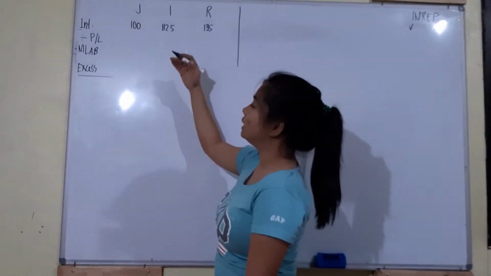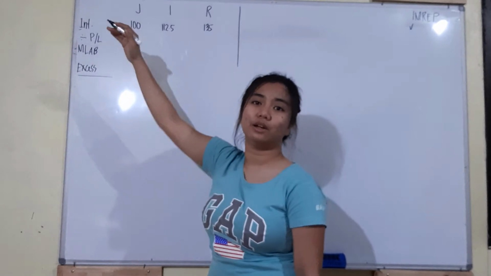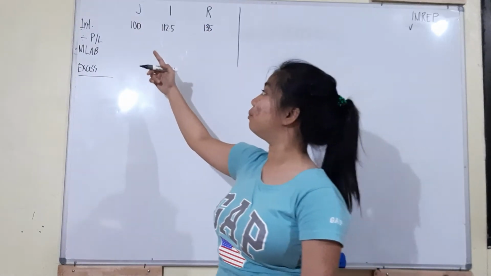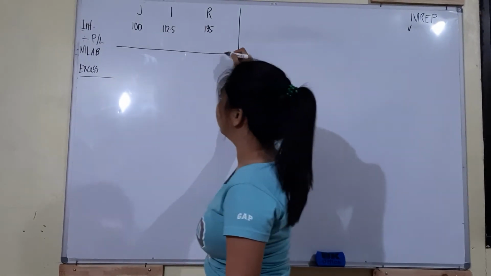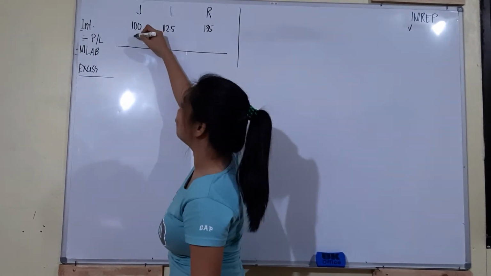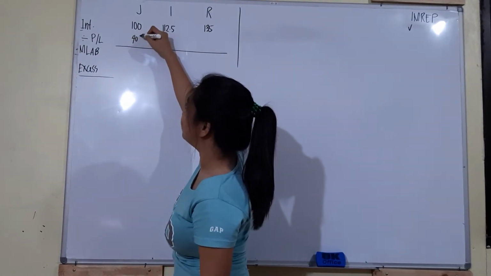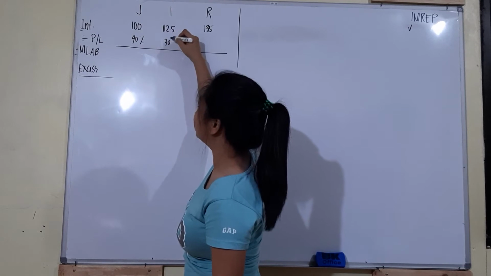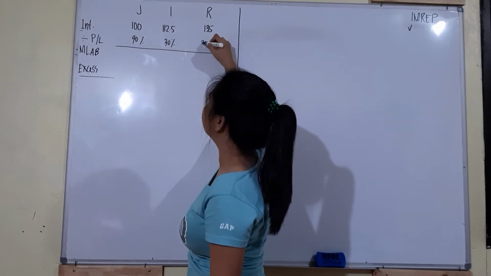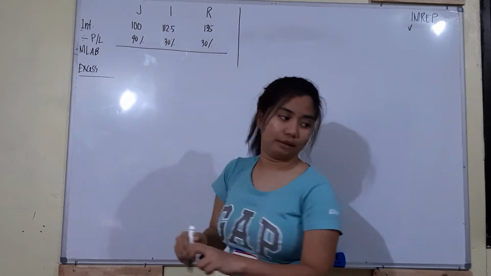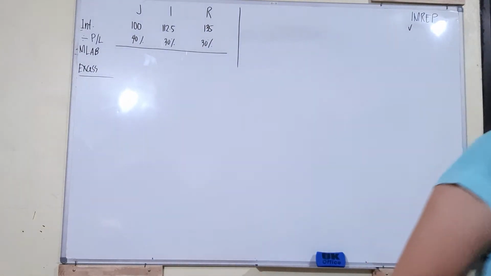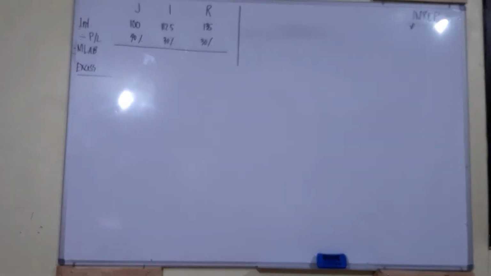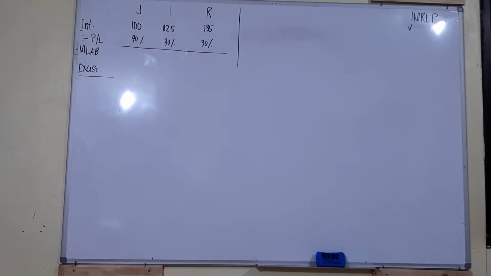Now, let's go to the maximum loss absorption balance. And we will get that by dividing their interest by their profit and loss ratio. Okay? So, the profit and loss ratio, this is 4:3:3 or 40%, 30%, and 30%. So, kulang tayo ng calculator. Okay.